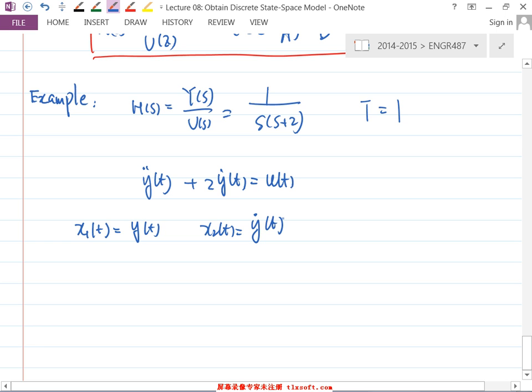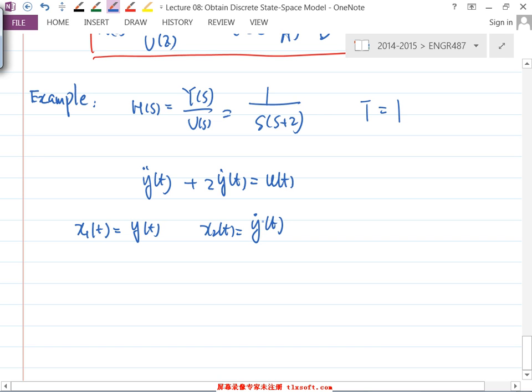So in other words, my first state variable physically represents what? First state variable. This guy. The position, right? And my second state variable represents velocity. So this is key here, because I'm trying to do this manually, not by using MATLAB or any other tools.